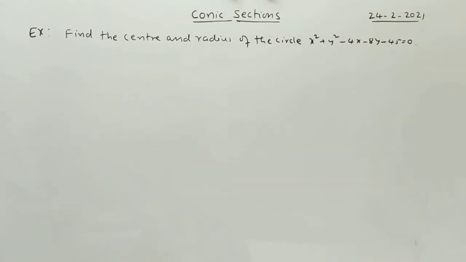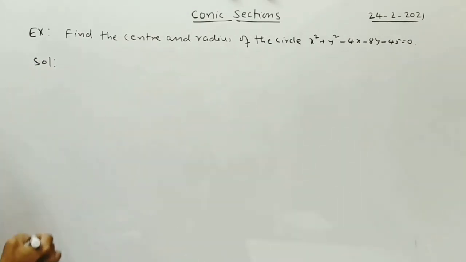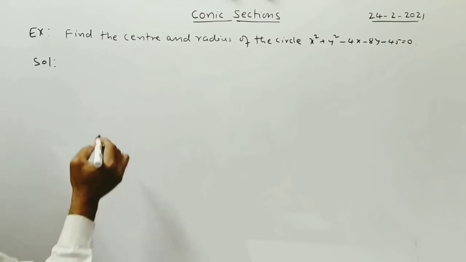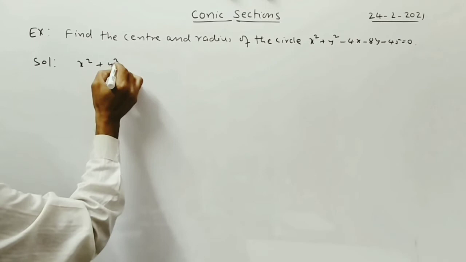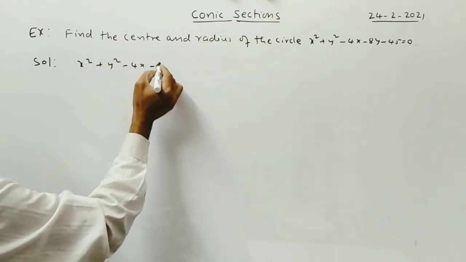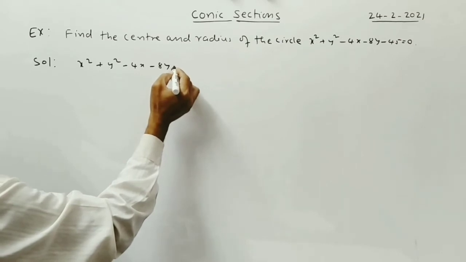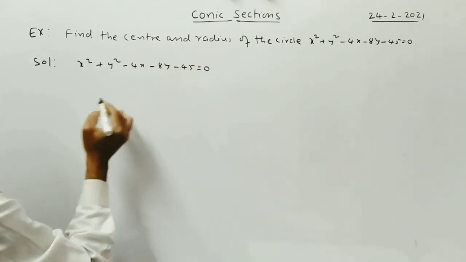Find the center and radius of the circle x square plus y square minus 4x minus 8y minus 45 is equal to 0. Solution: x square plus y square minus 4x minus 8y minus 45 is equal to 0.